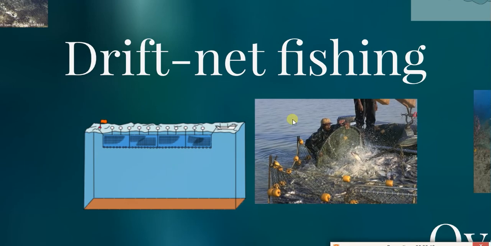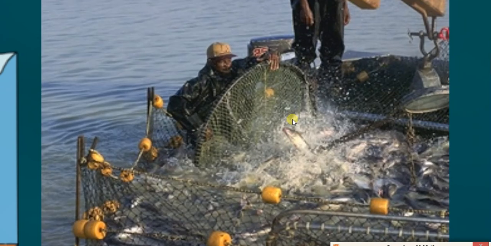We have these nets, they're down low, and then we just bring them up to the surface, and we have a ton of fish. Now, these can be placed at pretty much any depth and then brought up by a ship. And one of the problems is these can be just free floating in the ocean and anything can get caught in them. They can be hundreds of feet long and extend down through the water column many, many feet as well.